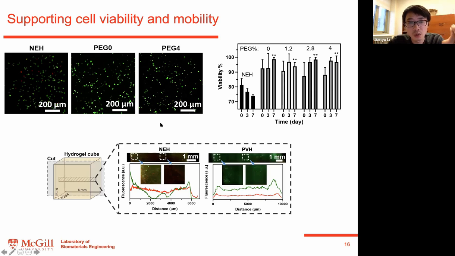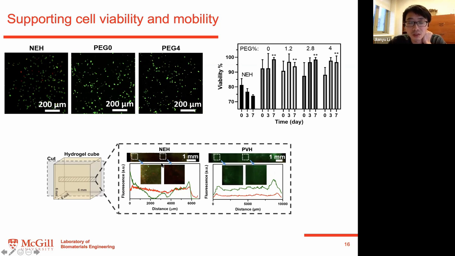And because we have these highly interconnected pores, we enable rapid and effective mass transport over a large scale. So here we just demo that by fabricating specimens of 6 millimeter, that's a pretty macroscopic scaffold, and we can have this matrix just relying on the passive transport of the nutrient, supporting the full viability of the cell throughout this 6 millimeter length scale.